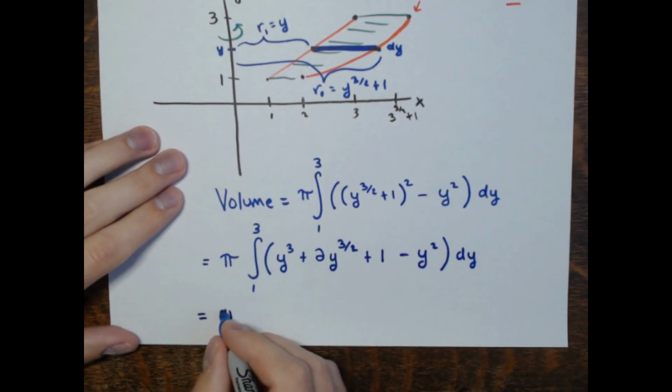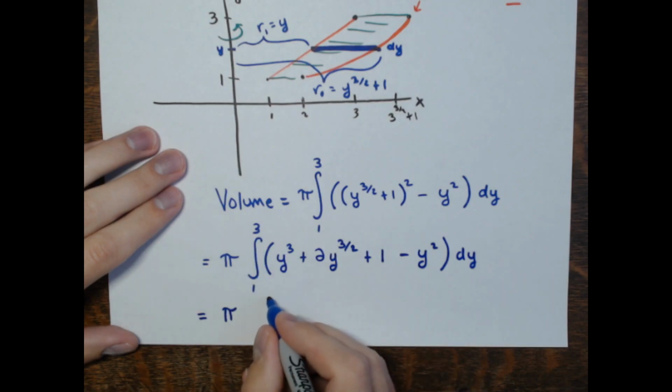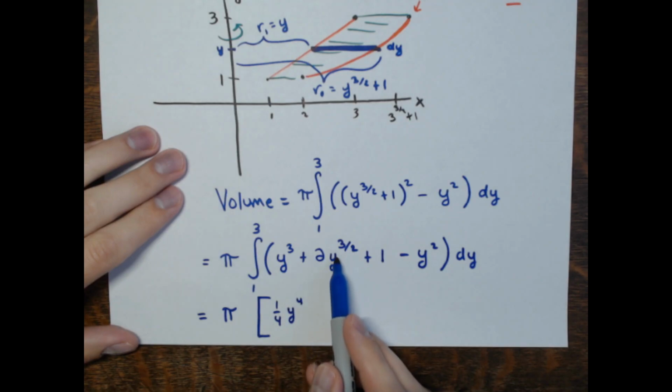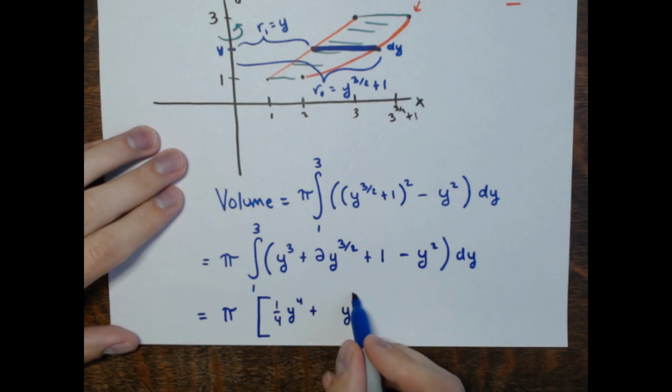And then I'm anti-differentiating, evaluating at 3, evaluating at 1, and subtracting. So pi times 1/4 y to the 4th, and then y to the 5 halves times 2/5.